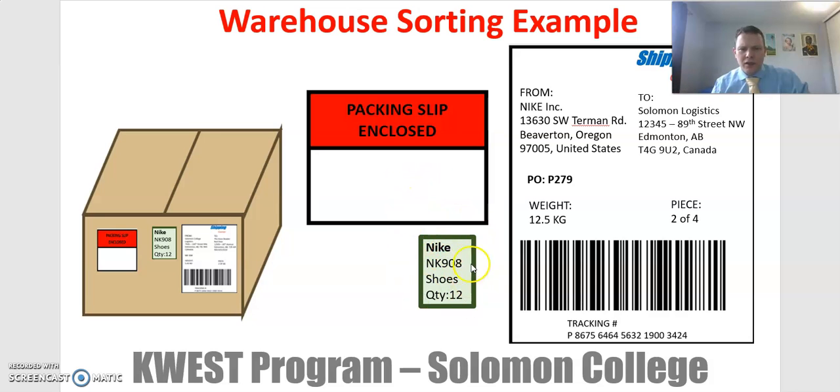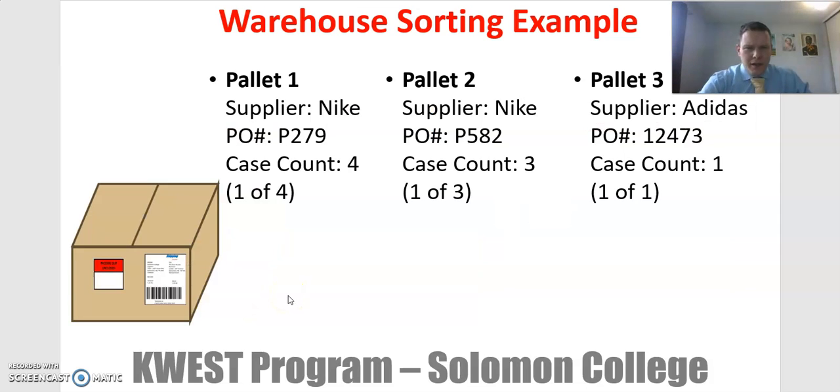So using the product label along with the packing slip and with the shipping label, you will verify that you have correctly received that entire purchase order. Now, all of these purchase orders, in this case we have 3 purchase orders, are mixed, and all of them have been stacked onto the same pallet, and they've been wrapped together with plastic wrap or shrink wrap.